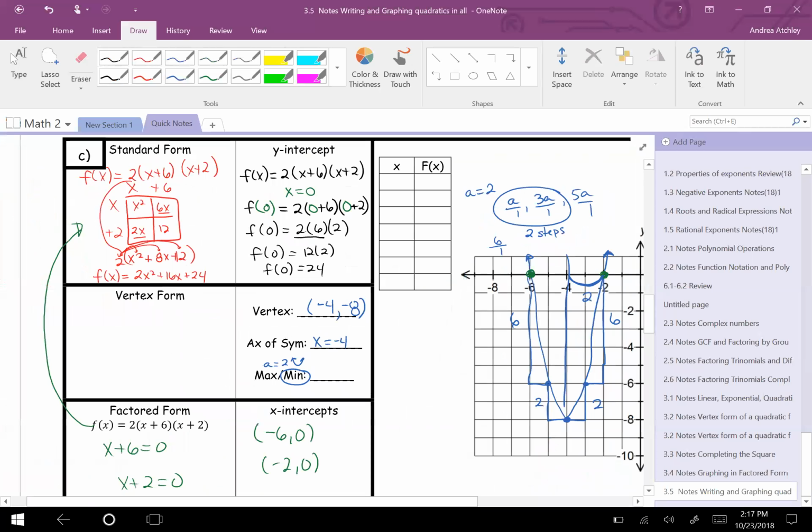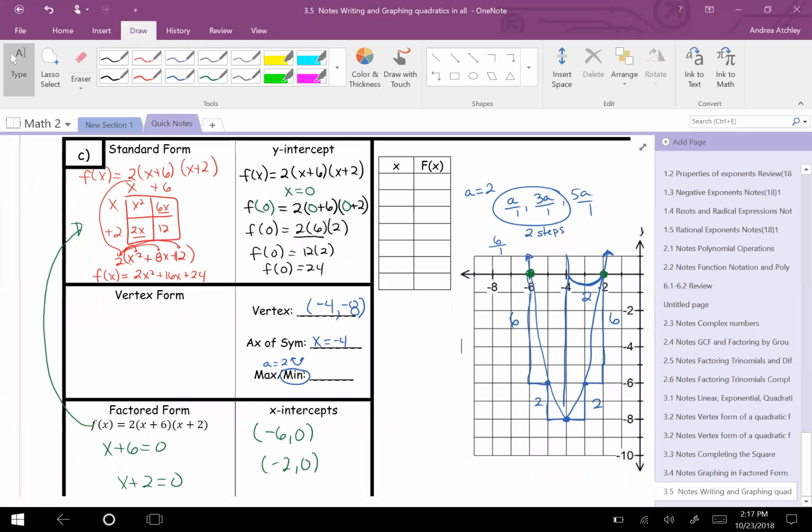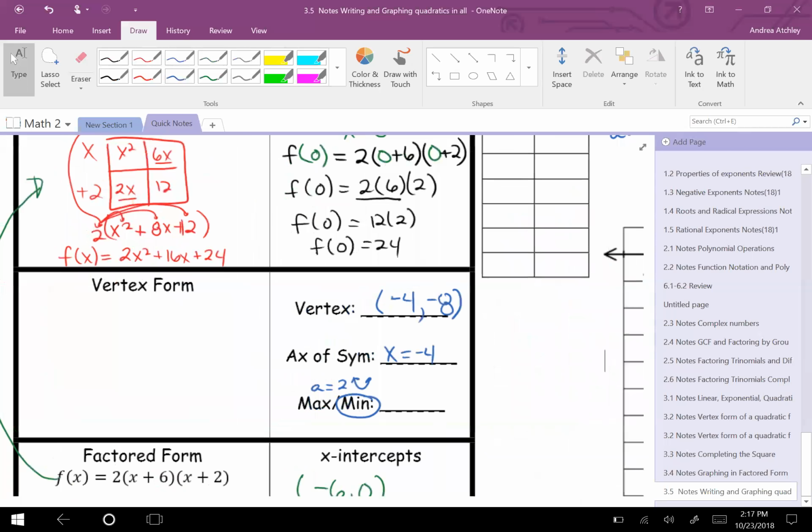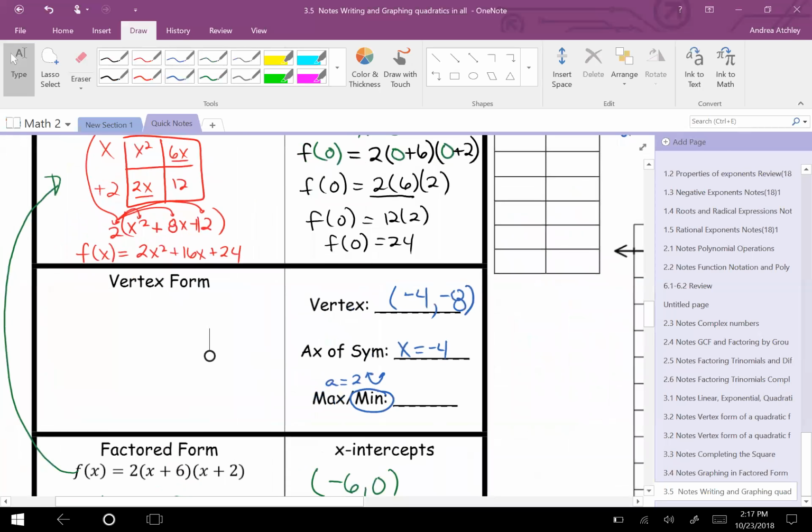Okay, vertex form. Can we identify vertex form? We have all the pieces that we need. We just need to plug it into vertex form. So I'm going to have f of x equals a times x minus h, the whole thing squared, plus k.